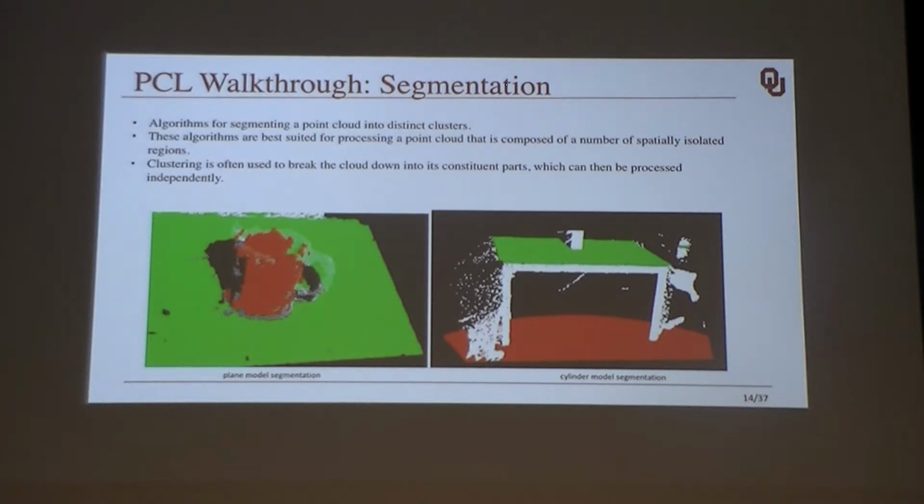For example, here on the right, the output of this algorithm used cylinder model segmentation, but this one used plane model segmentation. So there are many methods to do segmentation, and mainly it uses clustering.